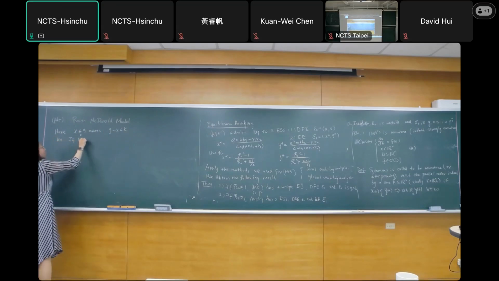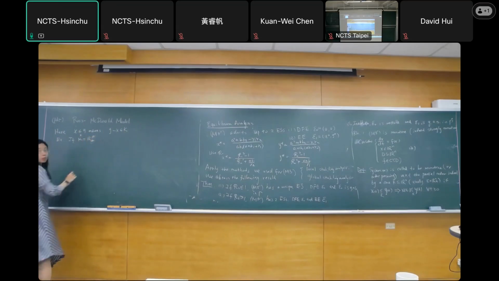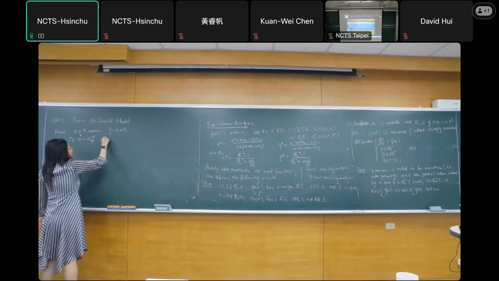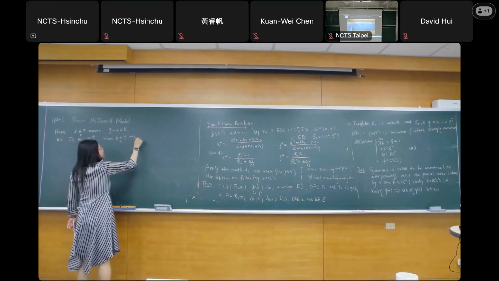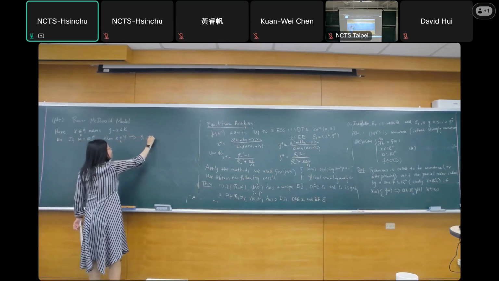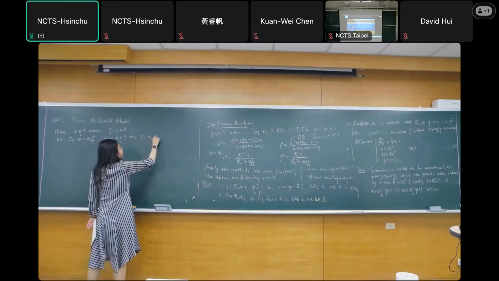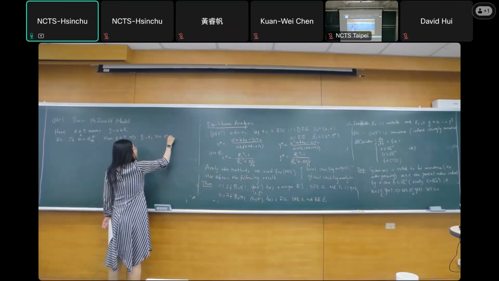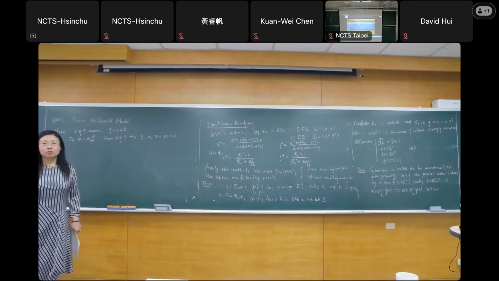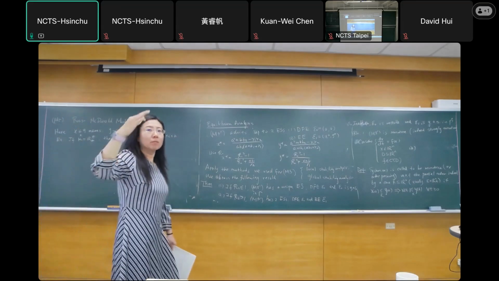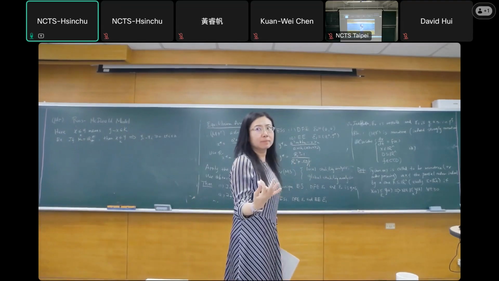If the cone is the first quadrant, y minus x in the first quadrant means component-wise you are non-negative. That's how you do comparison. It's a vector, so you compare them component-wise. This is only a particular example.